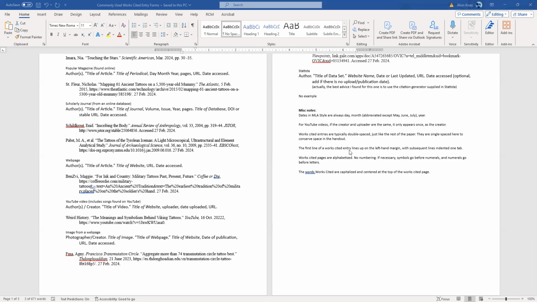The first line of a works cited entry always starts on the left-hand margin, and subsequent lines are indented. There's a tricky way to do this. It's called a hanging indent. What I did was I created these, then I put my cursor right there, and then I put in an enter and then a tab. And then I went to the next line and I put in an enter, right?